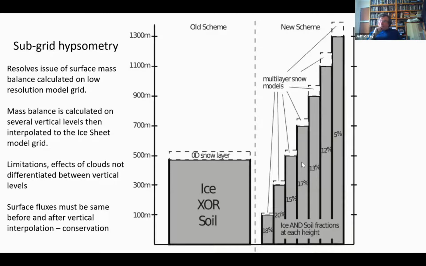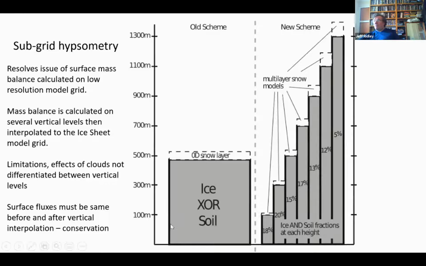The only issue is that you can't scale the clouds on level without messing up the model. The requirement being that this hypsometry, if you averaged it all out to the original grid, doesn't change the energy balance.